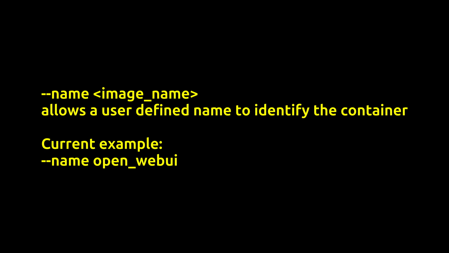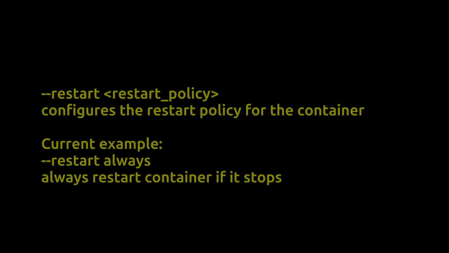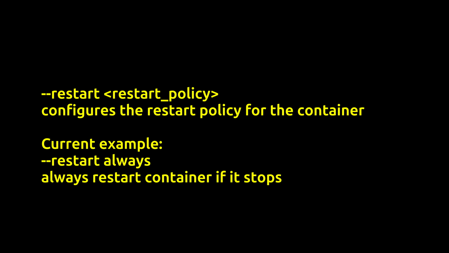--name allows you to assign a name to the container instead of a random and whimsical name. It simplifies container management. The --restart parameter is used to define the restart policy for a container.